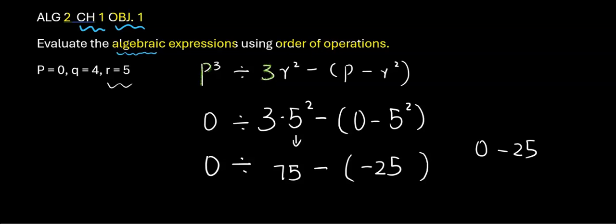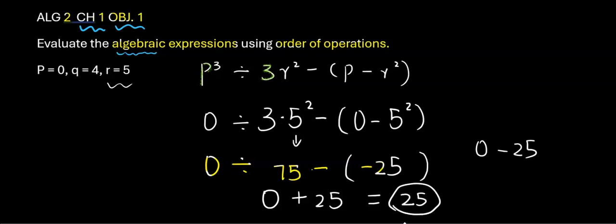Order of operations, let us look at what is 0 divided by 75. 0 divided by this quantity, and we get 0. Minus, minus, we have plus. So 0 plus 25. And our final solution is 25.